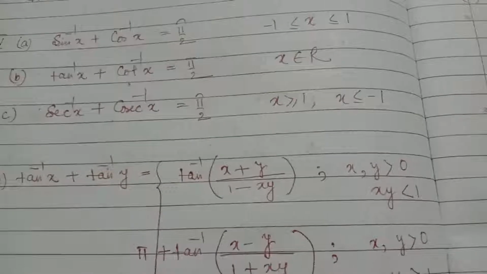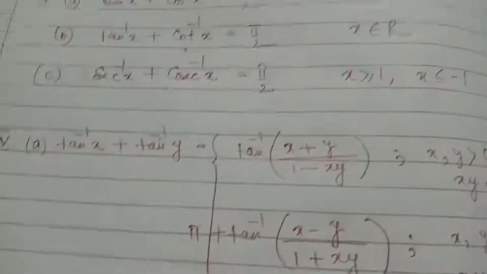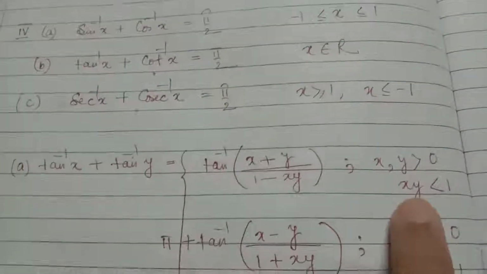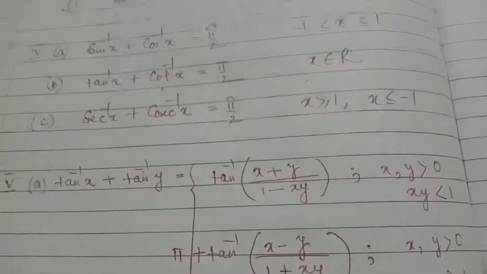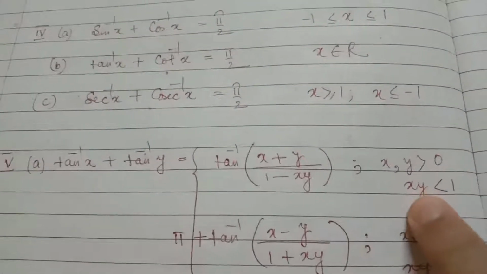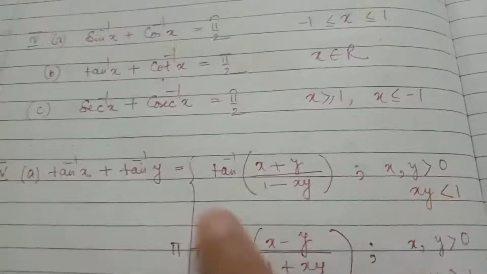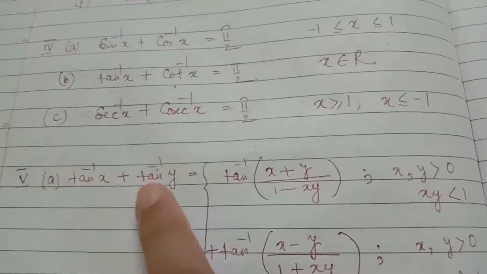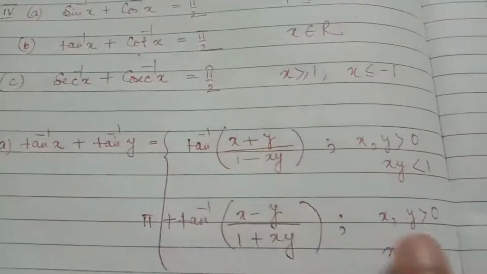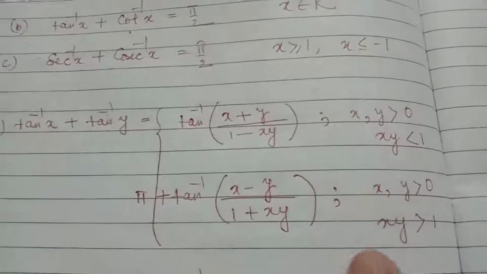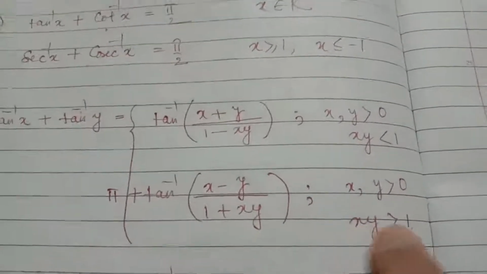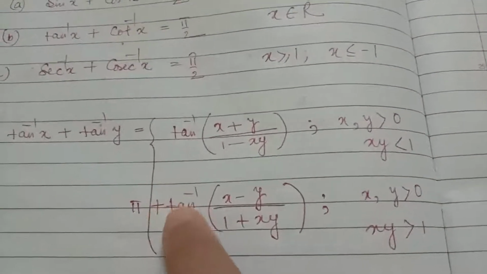So before applying the theorem, we have to check what the value of x into y is. If x into y is less than 1, we will write tan inverse of x plus tan inverse of y equal to this. Now, if x into y is greater than 1, we have to add pi with this.